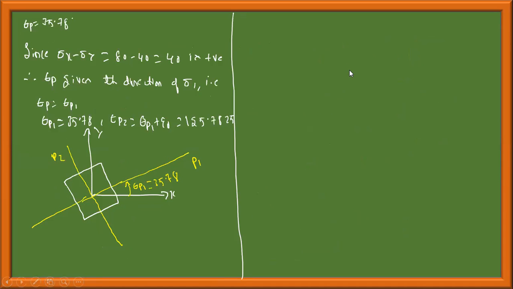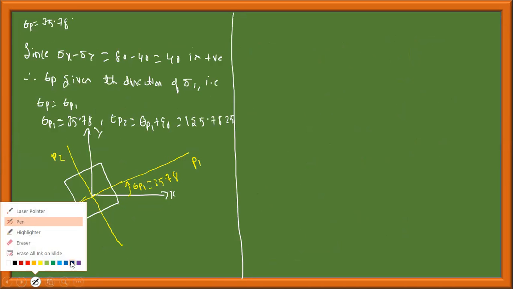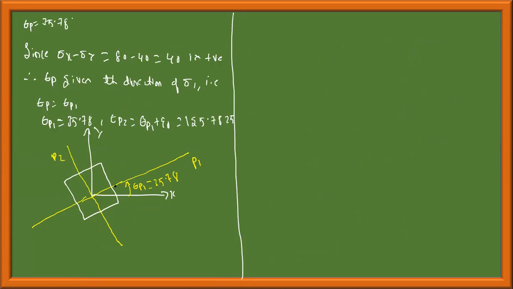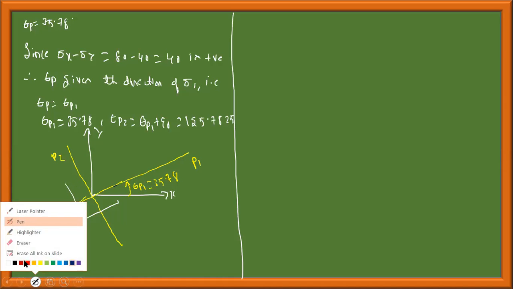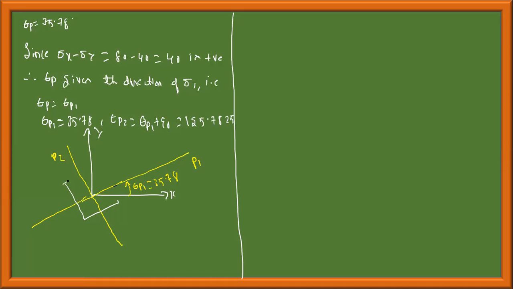Sigma 1, which is 123.245. Let me represent that. Since it is tensile, I will represent sigma 1, which is equal to 123.245 on this plane.